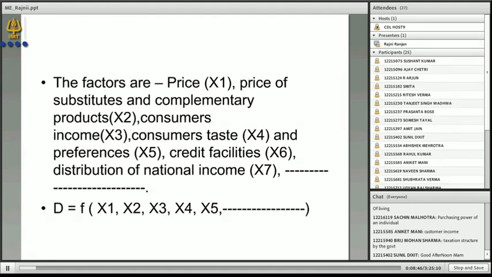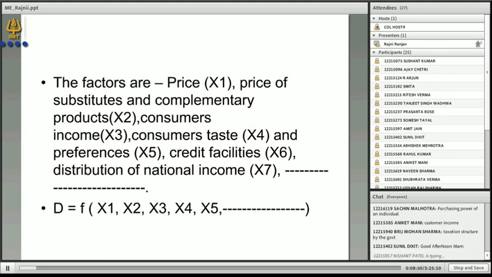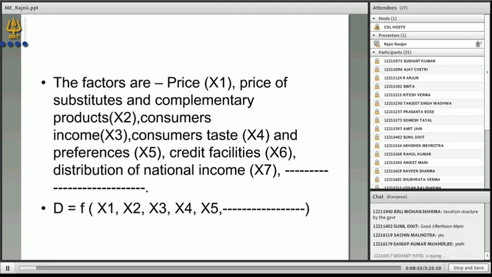Is this expression clear to everybody? Where x1 in this slide stands for price, x2 stands for substitutes and complementary commodities, consumer income for x3, and so on, so forth.